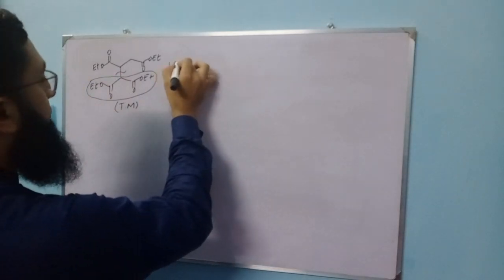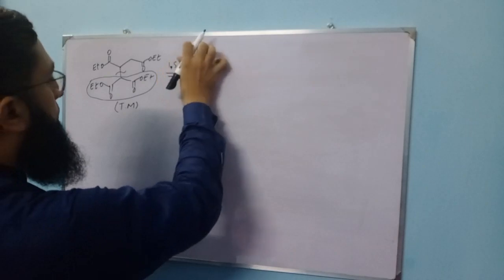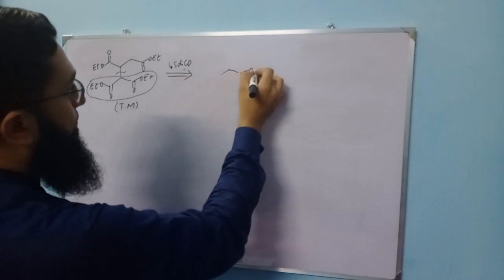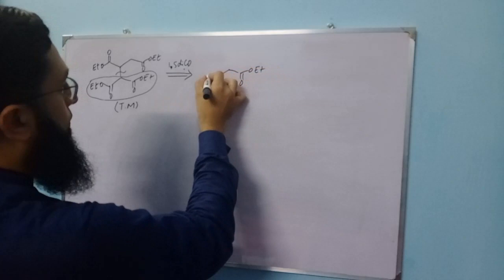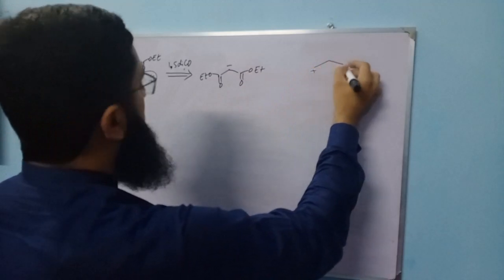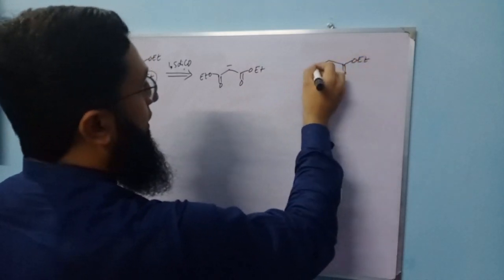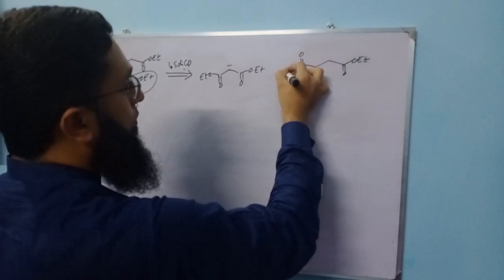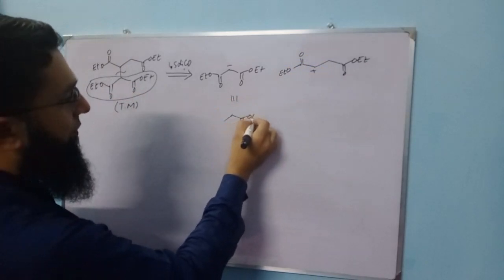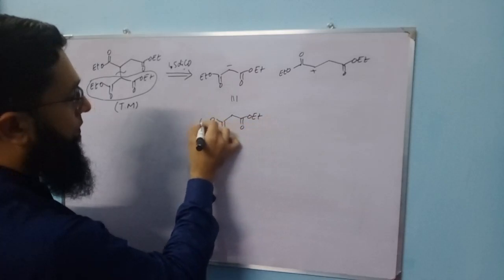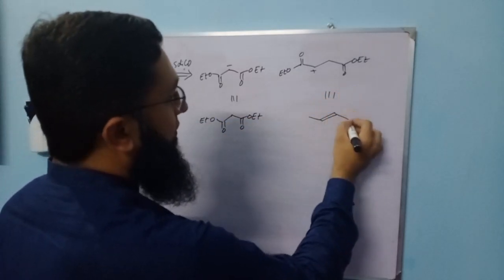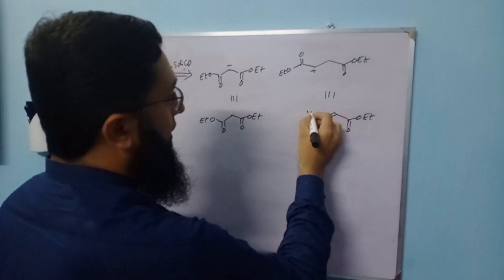So again we will get this negative and positive there, and for this we have again diethyl malonate, and for this we have an alpha, beta unsaturated molecule.